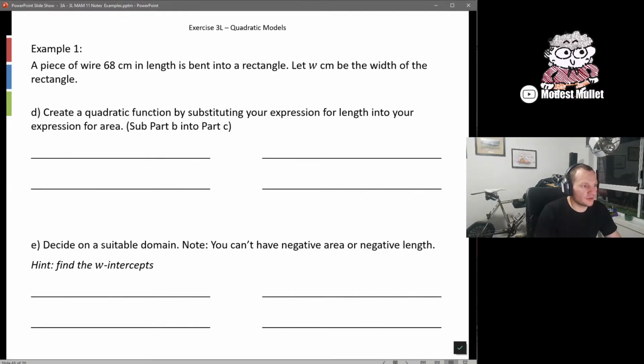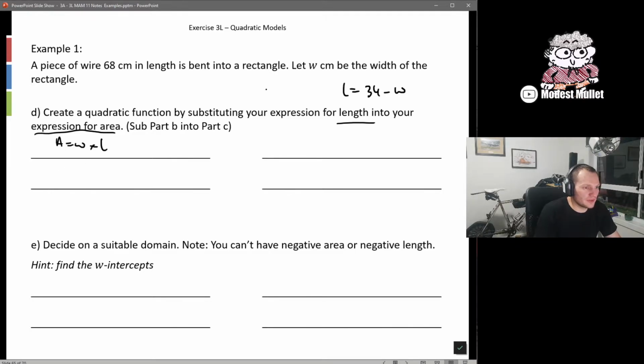Okay. Create a quadratic function by substituting your expression for length. So our expression was 34 take away W, into your expression for area. And our expression for area was area equals width times length.